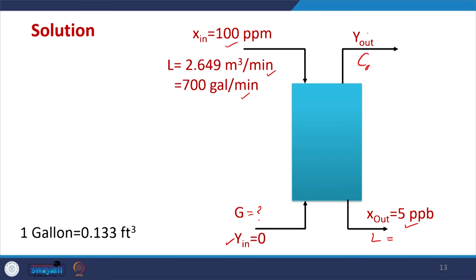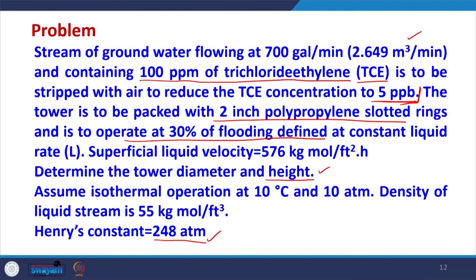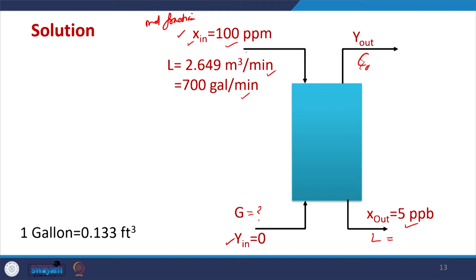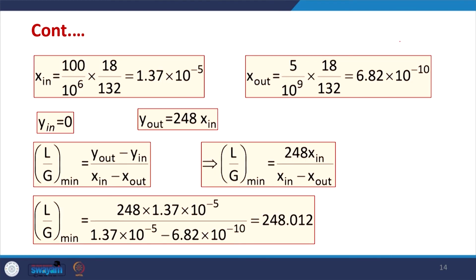Remember, everything is written in the mole fraction form for better material balance. So, Xn is the mole fraction of that. It can be written as 100 ppm, which we can always convert and it will remain the same. So, 100 ppm, this is 5 ppb, and here we do not know what will be the coming out.